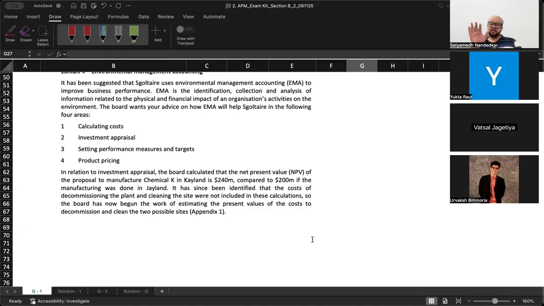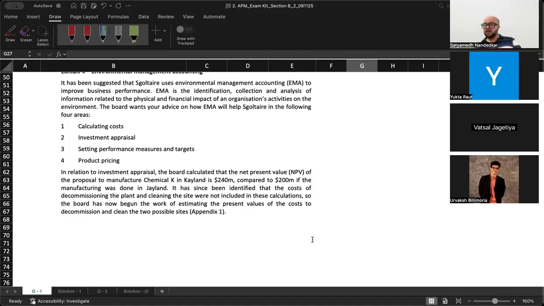So its environmental performance is clear to a range of stakeholders, many of whom have an interest in environmental matters, right? Now, one of the biggest shareholders is your pension fund and it is very interested in the company staying ethical, right? Performance targets could be set better with the help of environmental management accounting.